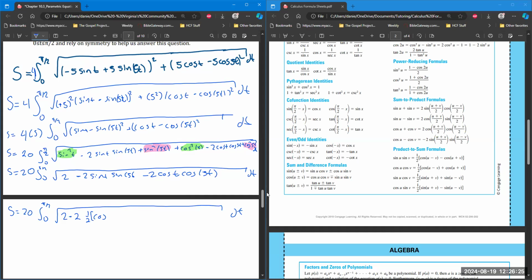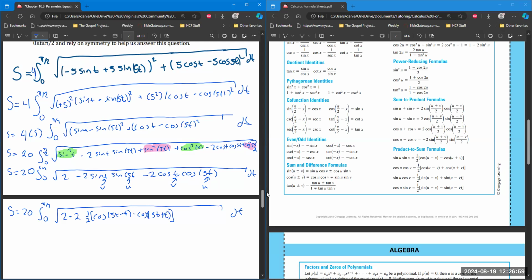I'm going to do the big part minus the small part, so 5t minus t. So I'm going to call this one u and this one v. It really doesn't matter with the product. I'm going to call that one u and that one v there, just so I have the big one called u in my subtraction. So cosine u minus v minus cosine of u plus v, like so.